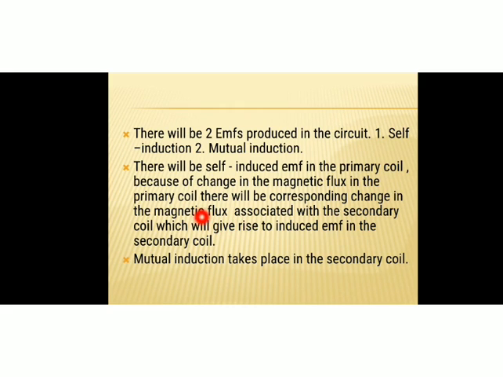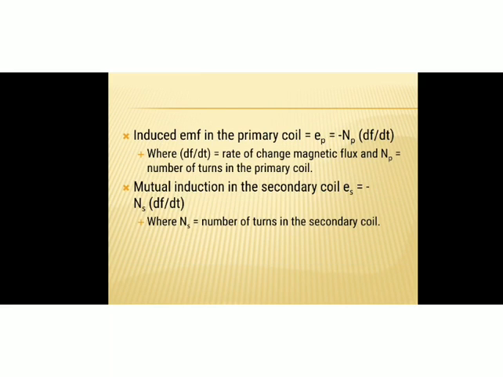So that is written here. There will be self-induced EMF in the primary coil because of the change in magnetic flux in the primary coil. There will be a corresponding change in magnetic flux associated with the secondary coil, which will give rise to induced EMF in the secondary coil. So an EMF is induced in the secondary coil also. That means the secondary coil undergoes mutual induction.